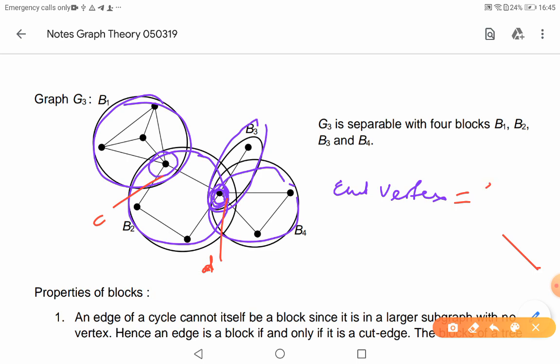The cut vertices are C and D only. So for this graph, how many blocks? 1, 2, 3 and 4. So there are 4 blocks.